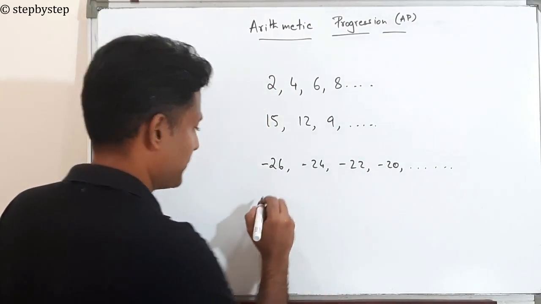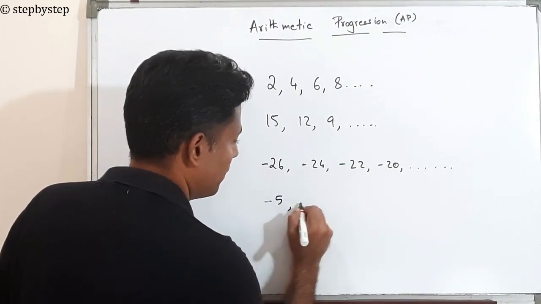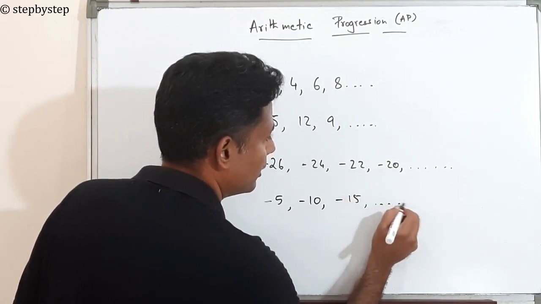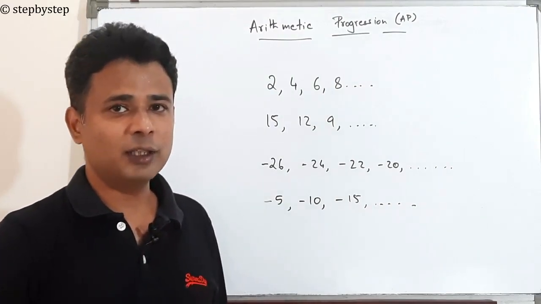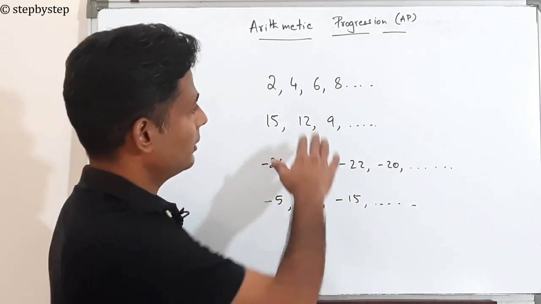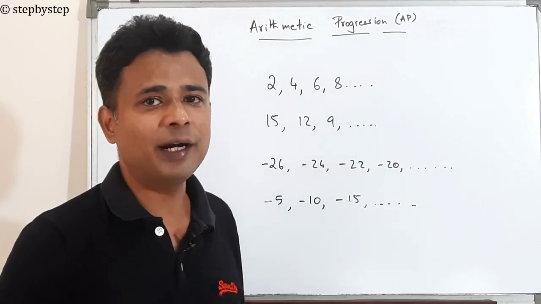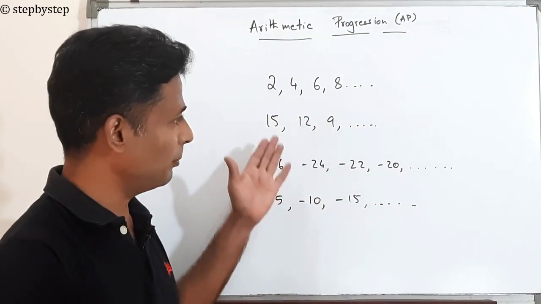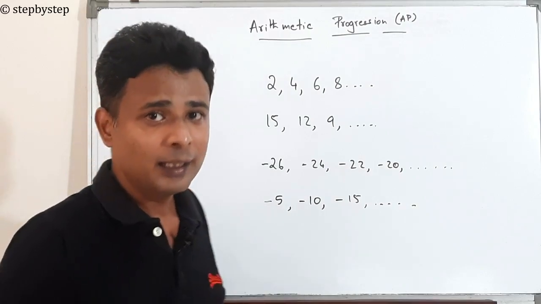Or we can say, let's say minus 5, minus 10, minus 15. All these are APs. Guys, just pause the video for a second. Observe what is happening in all these four things and see if you can find out what is happening. Just pause your videos and see if you can see some particular rule being followed in all four of them, because all four of them are APs.